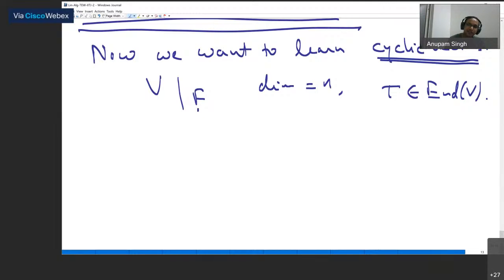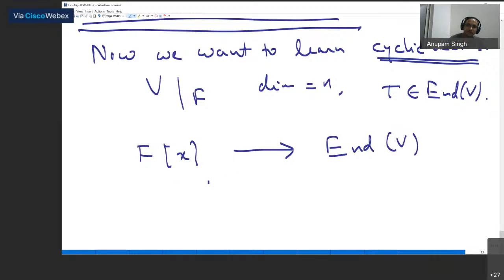Since I have field F and I am given T, I can consider the set of all polynomials over F. So this is a polynomial ring in one variable, and from the polynomial ring in one variable, I can define what I call a ring homomorphism.